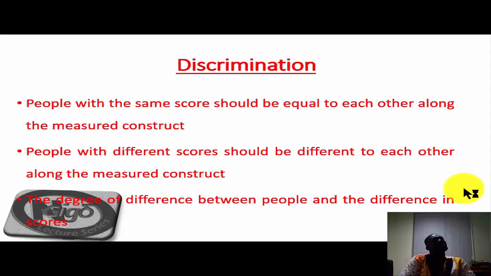Because if the differences do not make meaning, then we cannot actually say somebody that has 80, somebody that has 70, and somebody that has 50. In terms of their grades, you are moving from the 80, the highest, followed by the 60, and followed by the 50.